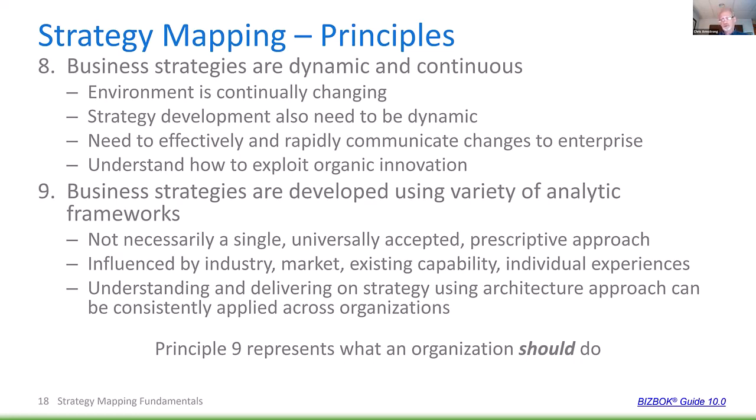And so it's still not inappropriate to have annual strategic planning activities. Hopefully, with the support of business architecture, those activities can happen more quickly with a higher level of confidence and credibility because we've got a good knowledge base that's tying everything together. But we need to be prepared for regularly reevaluating our strategy, at least on a quarterly basis and maybe even a monthly basis.